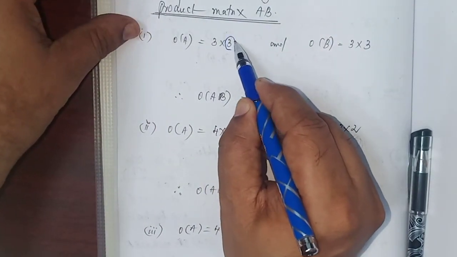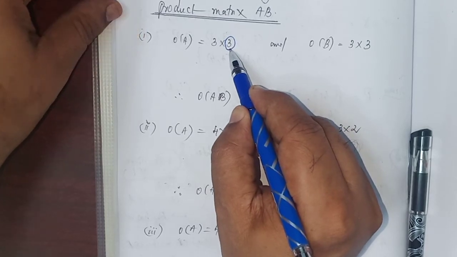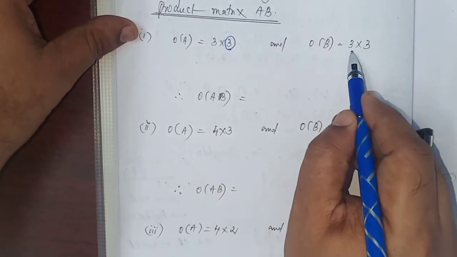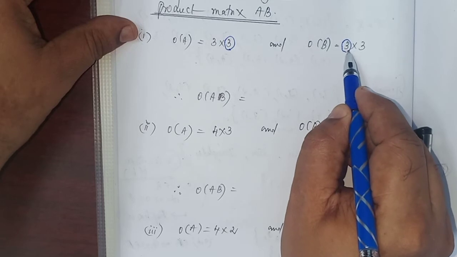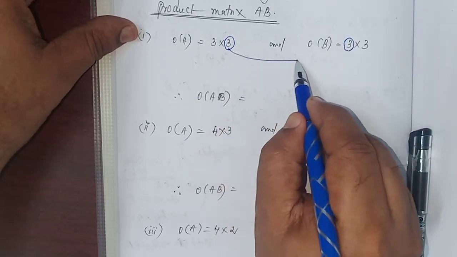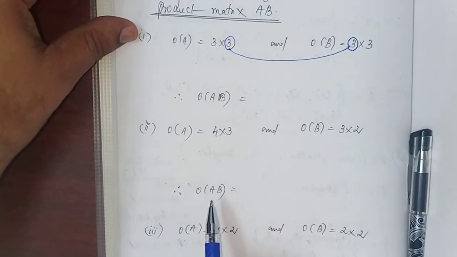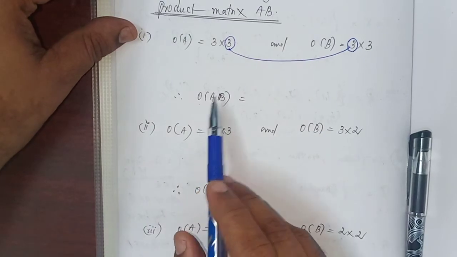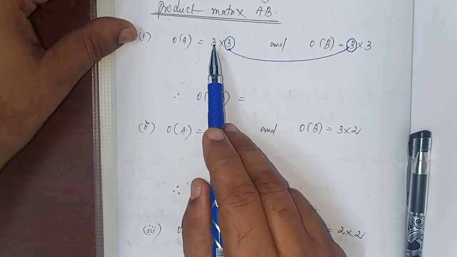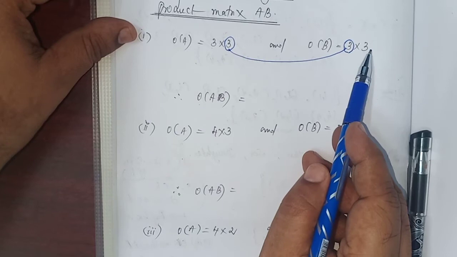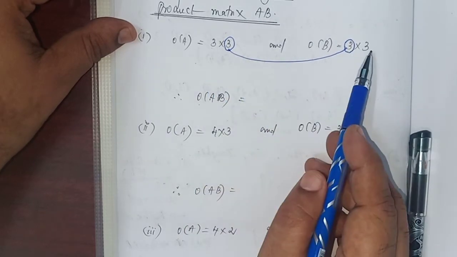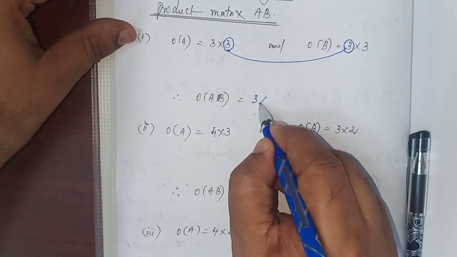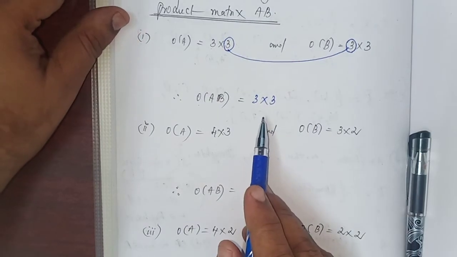Number of columns of the first matrix is equal to number of rows of the second matrix. Since these two are equal, the resultant matrix AB is of order 3 rows 3 columns. Which one is left out here? 3, there 3. So 3 by 3 matrix. That is the order of AB.